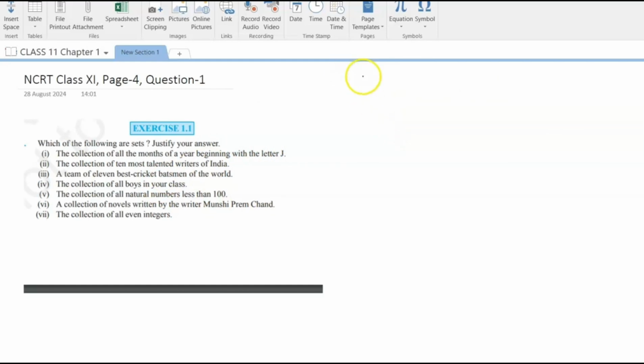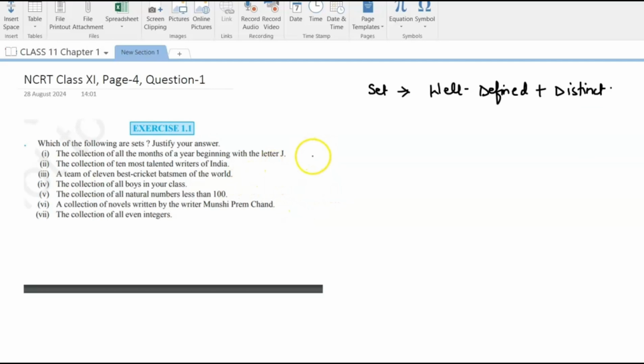For a collection, the collection would be a set if there are two things: it is well defined and it should also be distinct. Then the collection would be a set. So let's see the first example.